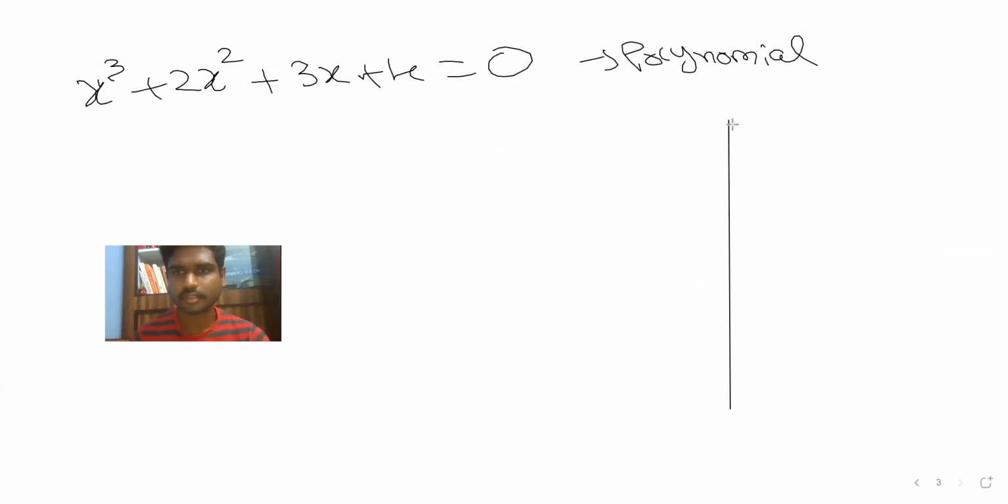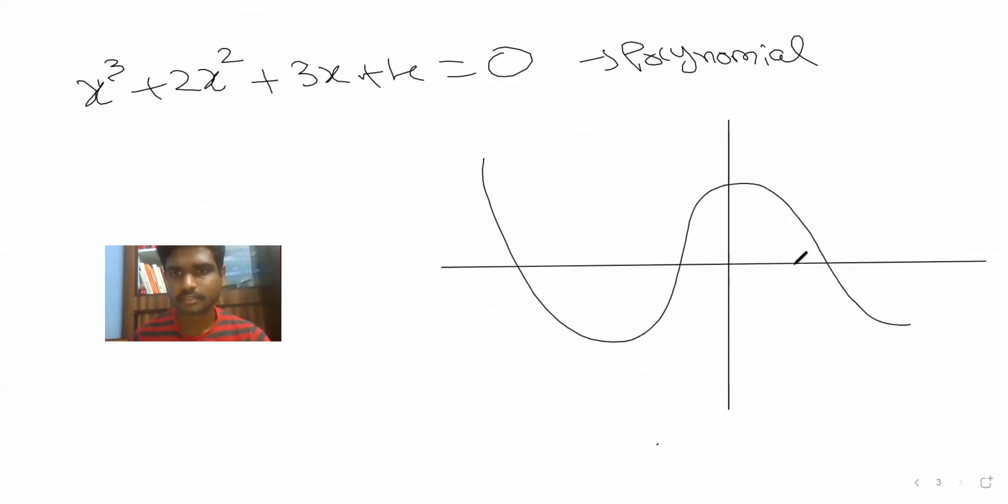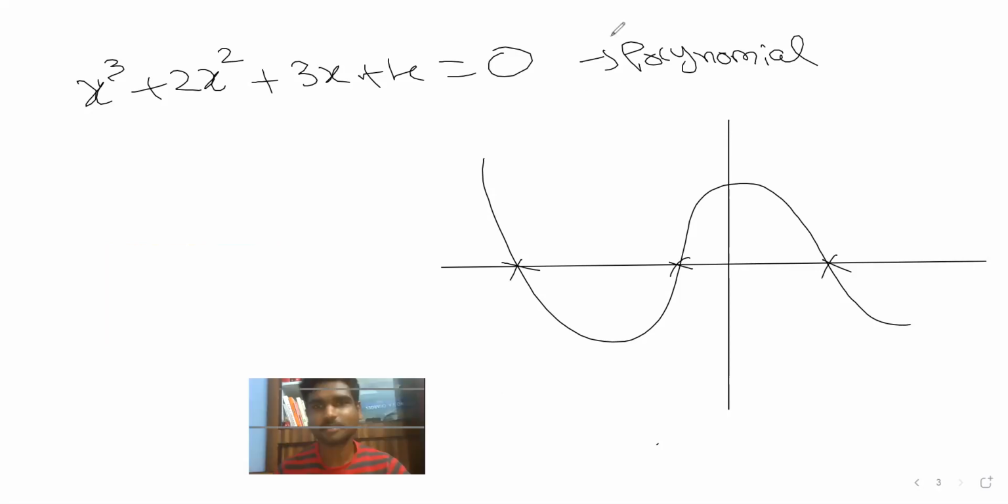If I draw a curve like this, what is the power here? The power is 3, so you will get 3 values: 1, 2, 3. This is a cubic curve. It is not a parabola, we will just call it a curve, but it is called a cubic parabola because the power here is 3.